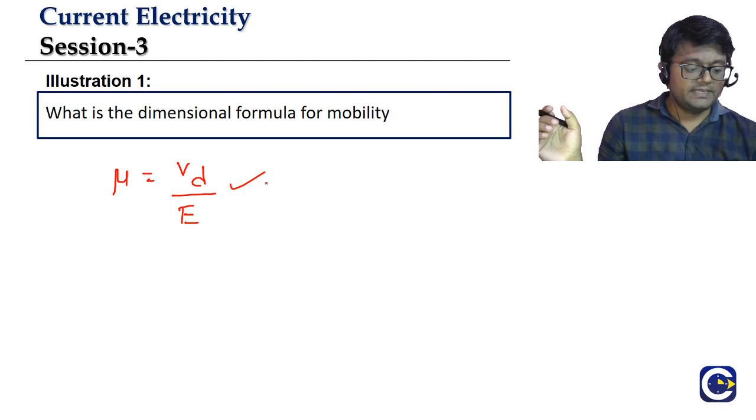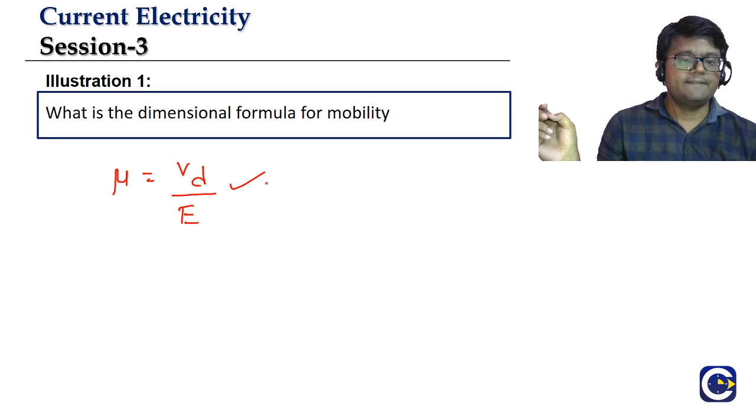Rachel, Nidarshana, hi. Let's see, guys, if we are able to get the answer. What is the dimensional formula for mobility? What is the mobility formula? It is basically nothing but drift velocity by the applied electric field, right?